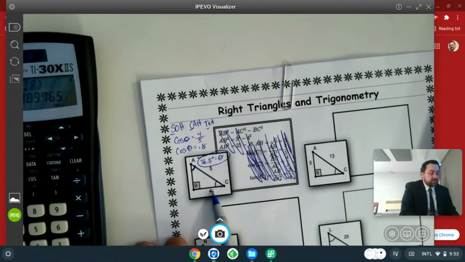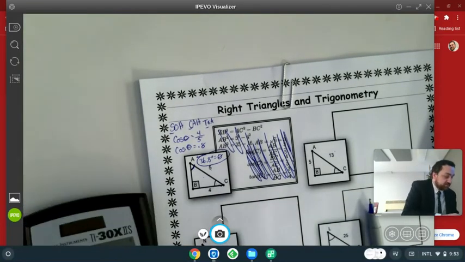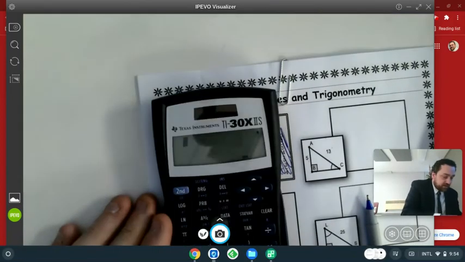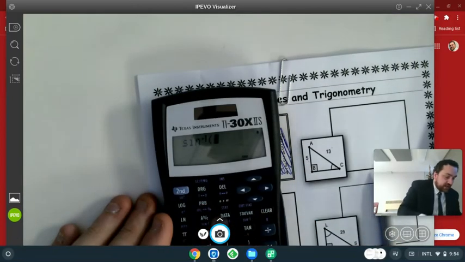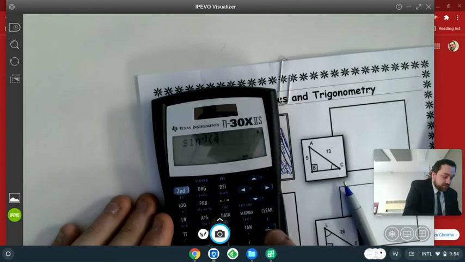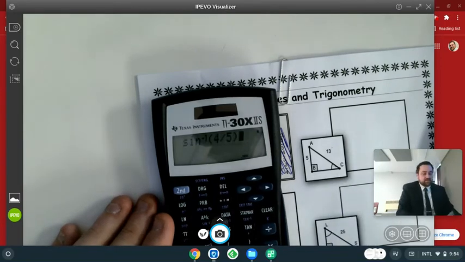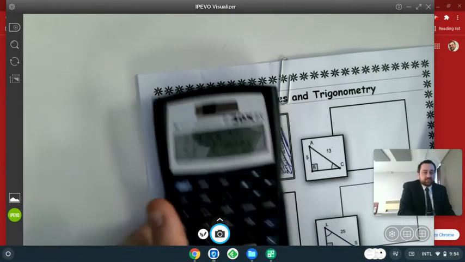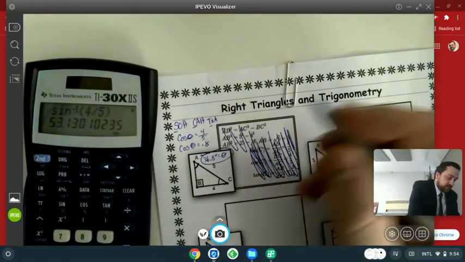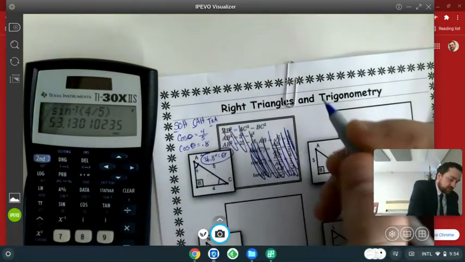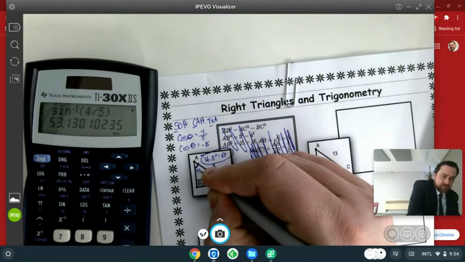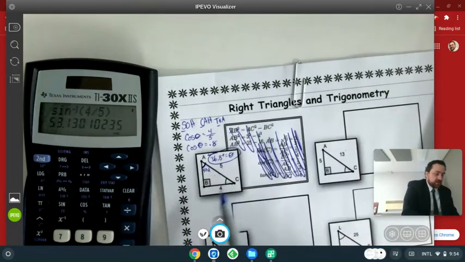So the inverse sine of 4 divided by 5. If I put that in my calculator, the inverse sine of whatever 4 divided by 5 is, that should give me another angle, 53.1.